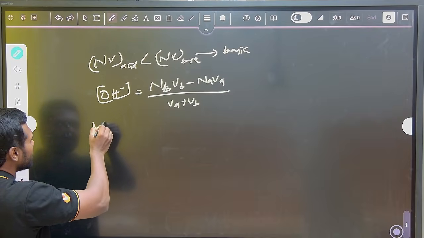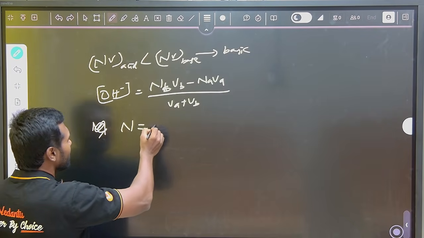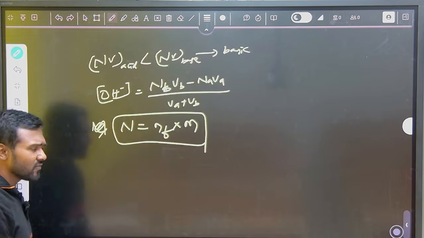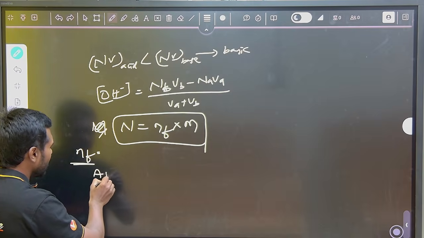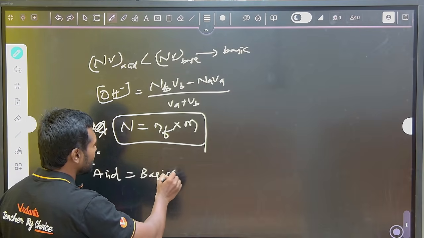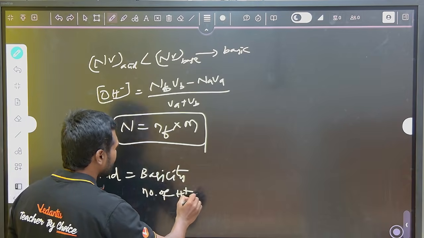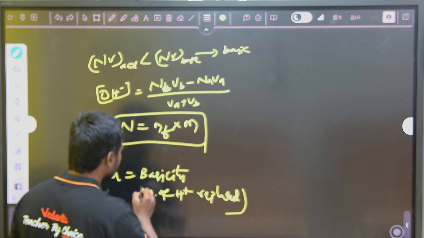Next one. Now what is the relationship between molarity and normality? Normality is equal to n factor into molarity. Now what is this n factor? For an acid it is basicity, that means the number of H plus ions replaced.